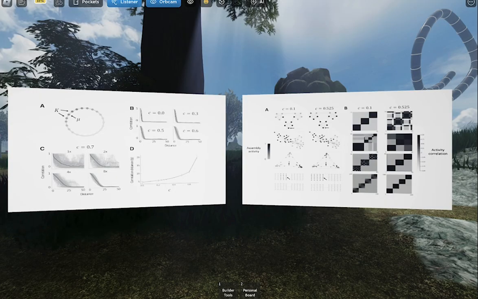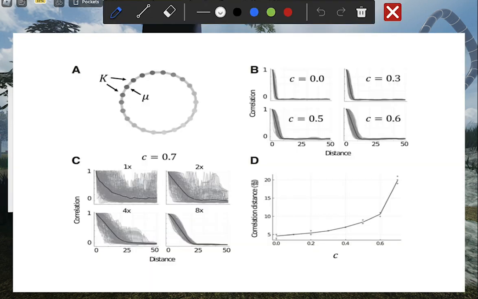Okay, so finally some of my results. On the left side here is that same memory system of a circle, but now we're varying the value of C. In panel B, you can see different values of C starting at 0, which would equate to global only. As we increase C, we get more and more local inhibition involved.